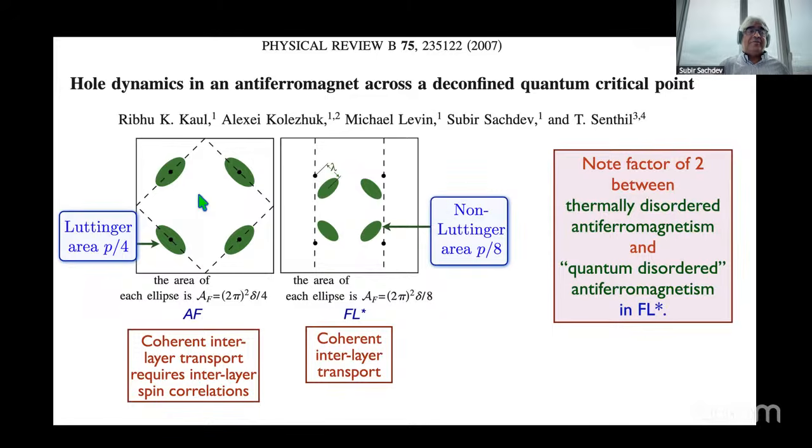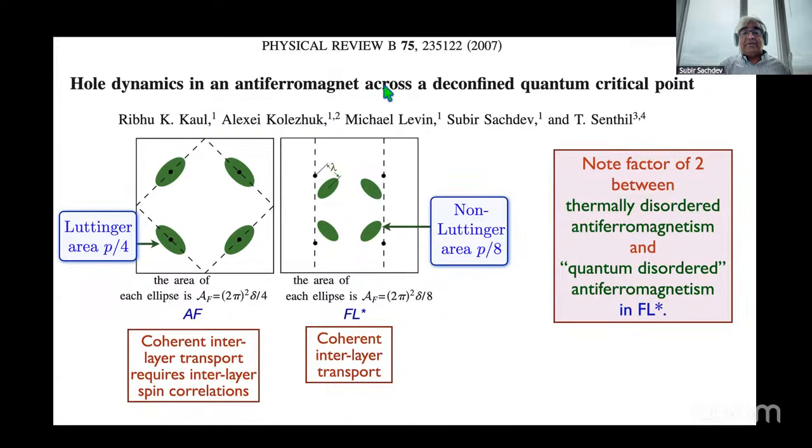So now there's often a view that you can think of a spin liquid locally as an antiferromagnet. And what I'm saying is that's not correct. You really have to start with the spin liquid on its own terms as a quantum state. And then you will get 4 pockets, because there's no Brillouin zone. And in fact, the center of the pocket need not be centered at (pi/2, pi/2), because you haven't broken any symmetry.